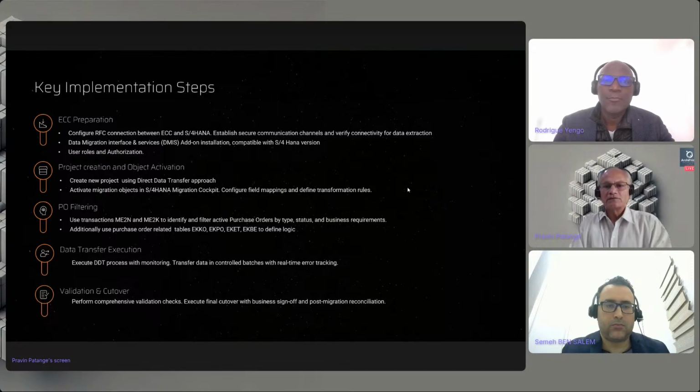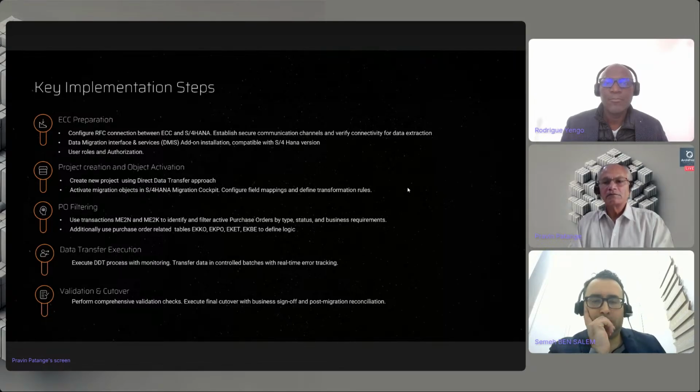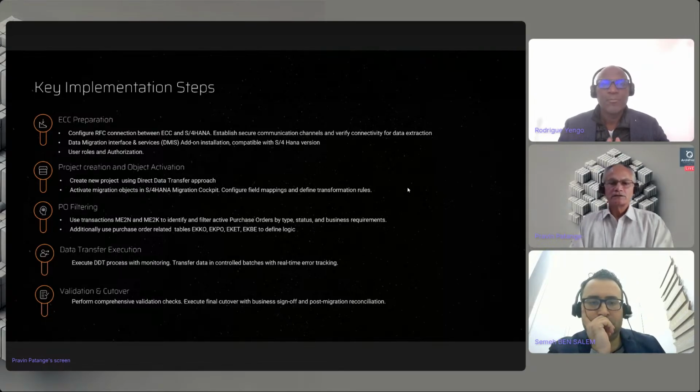Once the project is created, we need to add the migration purchase order data object. Once we add that, all the associated template APIs get generated under the newly created project, and they are available for use.